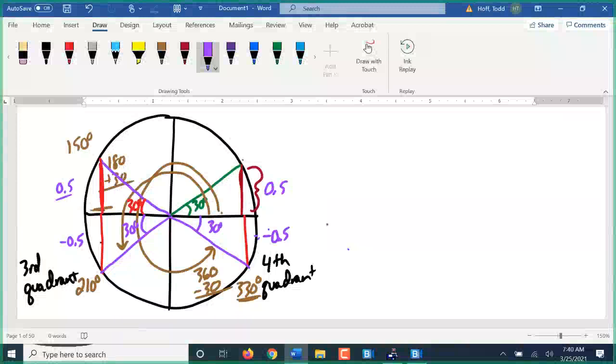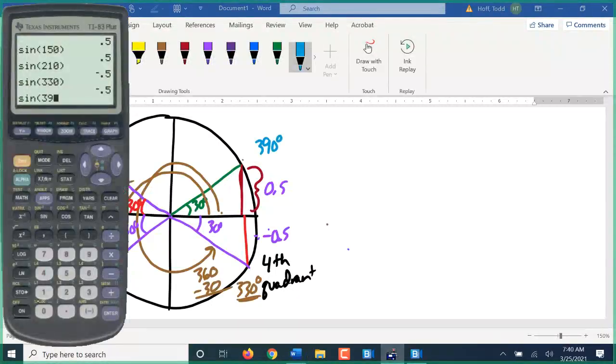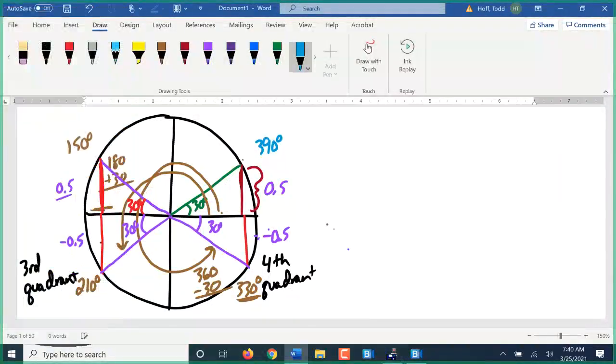And those coterminal angles, like we said, this could be 390 degrees. Sine of 390 degrees is also 0.5. Or this one could be 150 plus 360, and that could be 510 degrees, sorry.